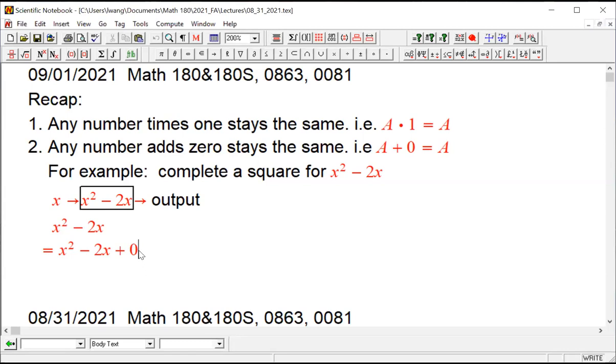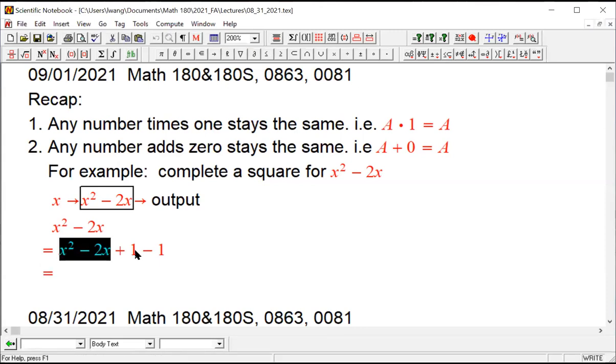And now we're going to choose the 0 as 1 minus 1. Plus 1, subtract 1. The first plus 1 is to make a perfect square. The subtract 1 is to make sure these two are still the same rule. You follow me?